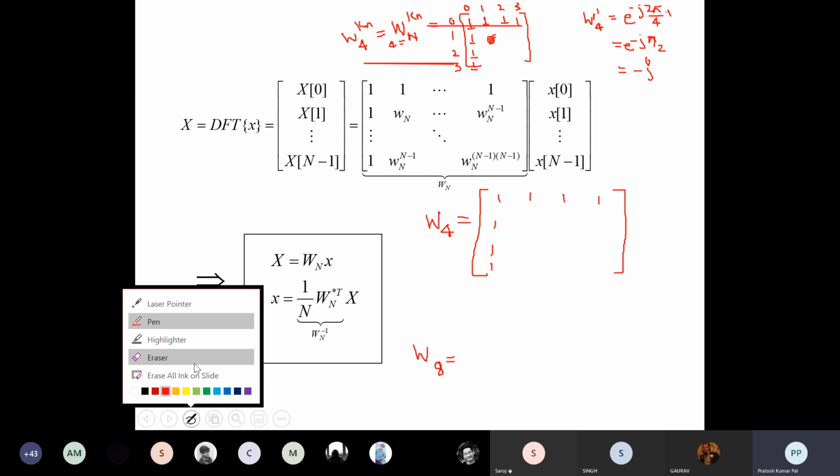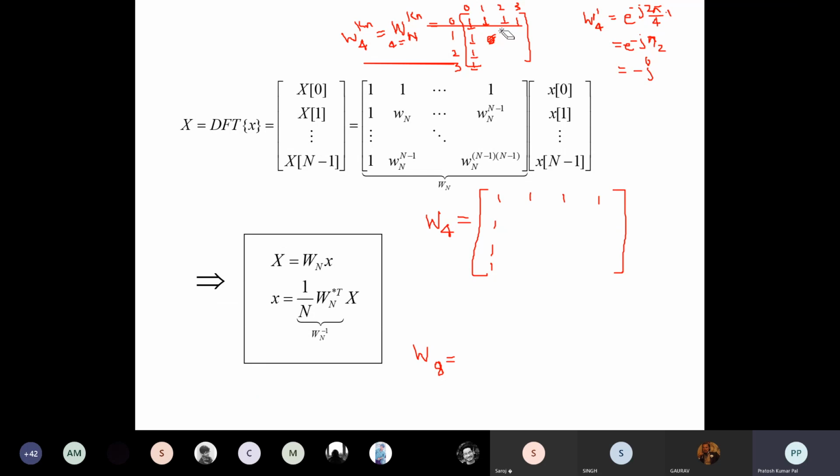If you solve for this one, you will get the exact result we need, because it is periodic. So this value will be equal to minus of j. Similarly, we can calculate each value.